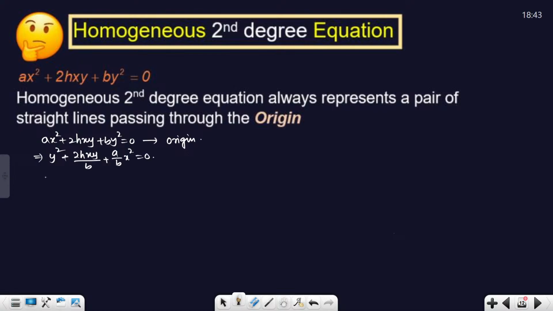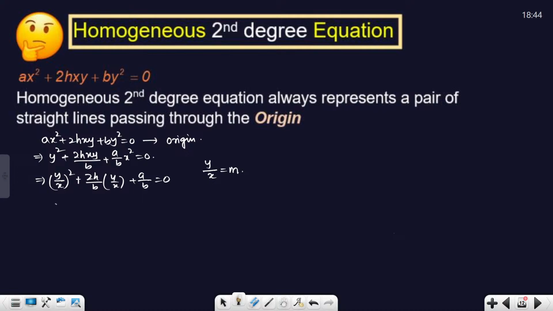Let me divide both sides by x squared. So we have (y over x) whole squared plus 2h over b times y over x plus a by b equals 0. Right? Now, let us say y by x is nothing but our m.